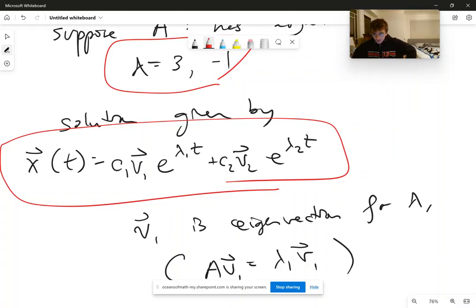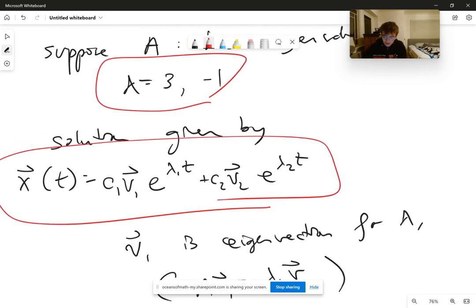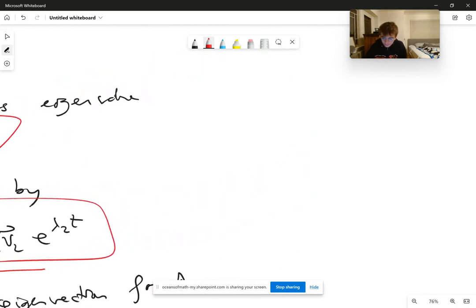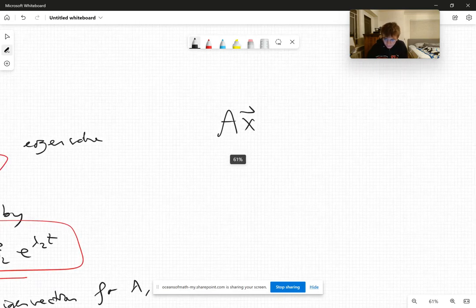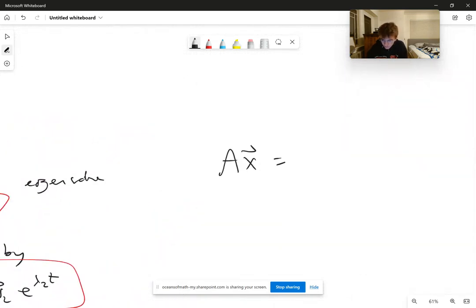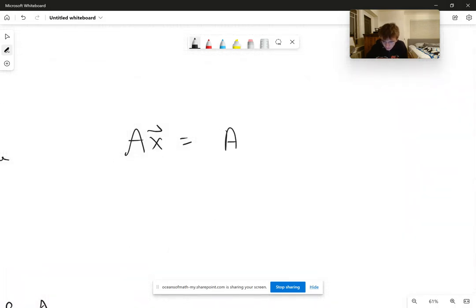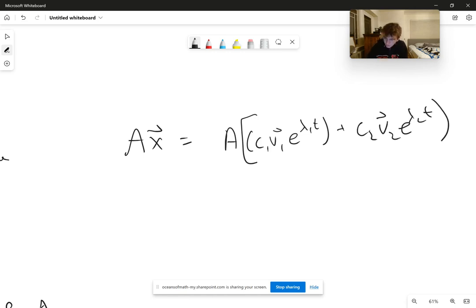Okay, so first of all, these solutions solve the differential equation, and you can verify that by just plugging it in yourself. When you plug it in, you're going to get Ax is equal to A times c1 v1 e^(lambda 1 t) plus c2 v2 e^(lambda 2 t).